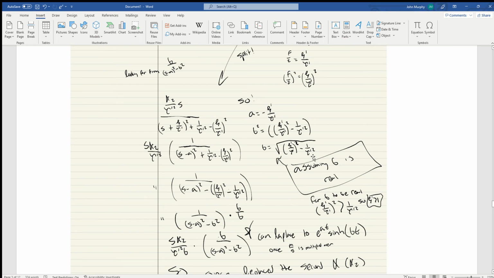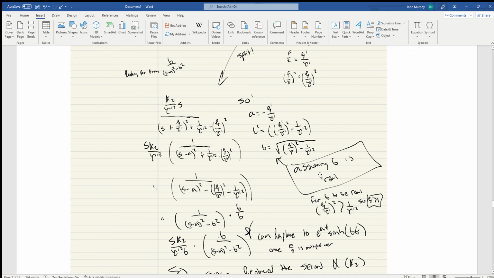We have to assume that b is real, so therefore zeta has to be greater than 1, because if you multiply the tau primes over, then zeta prime squared has to be greater than 1, and therefore zeta prime has to be greater than 1.